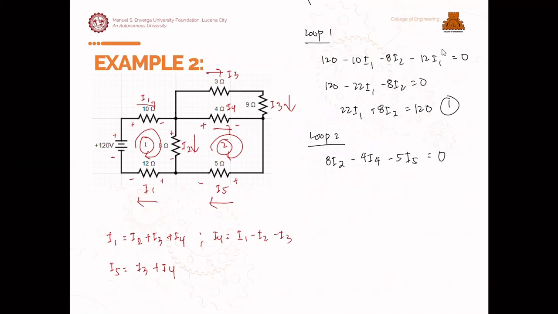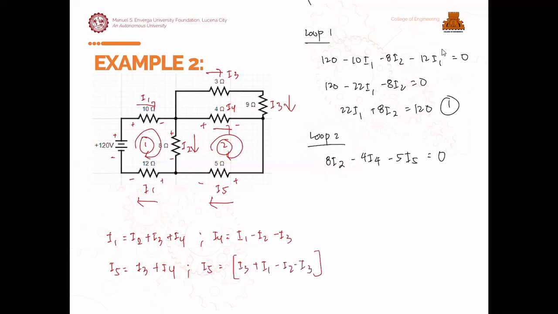Then I5 we can get as: our I3 is retained, then our I4 will be I1 minus I2 minus I3.